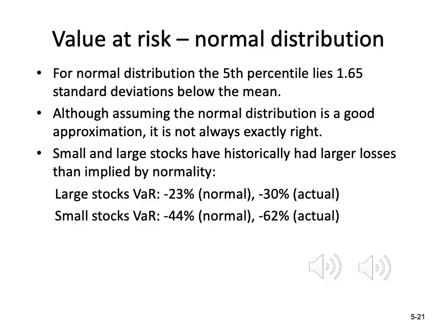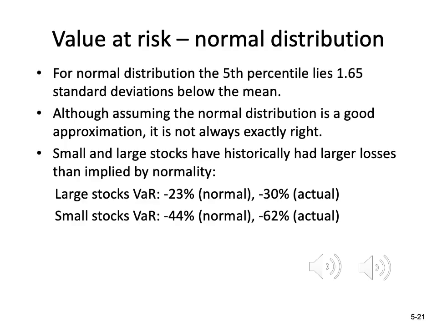So how much does value at risk underestimate? Assuming the normal distribution, the 5th percentile and the 1.65 cutoff value, let's calculate the large and small stock value at risk. The large stock value at risk is minus 23%. Small stocks value at risk is 44% loss, which means 95% of the chance for the large stock portfolio you will not lose more than 23%. For the small stocks, 95% of the chance you will not lose more than 44%.